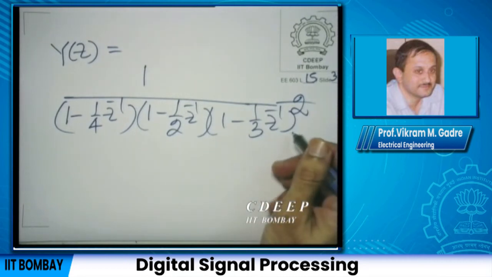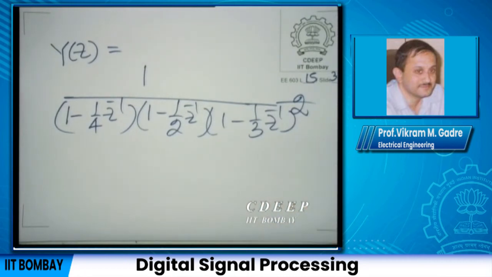So, notice that you now have a multiple pole at Z equal to 1/3 introduced by virtue of convolution, or by virtue of the input being subjected to the impulse response.